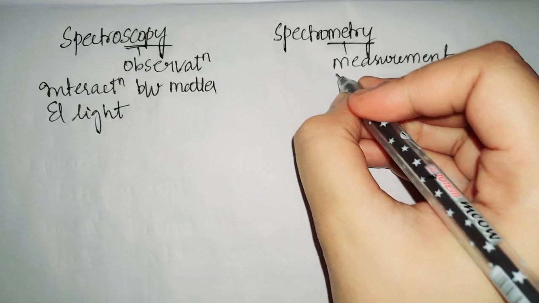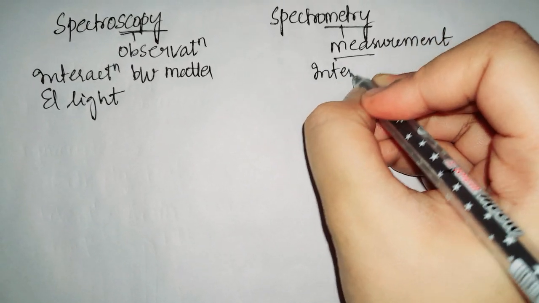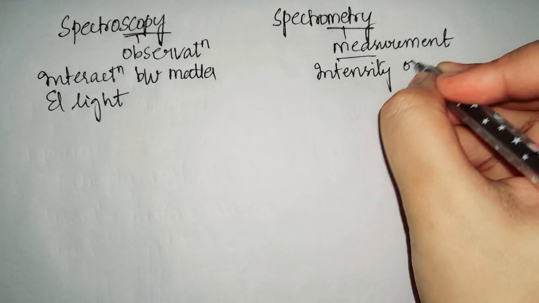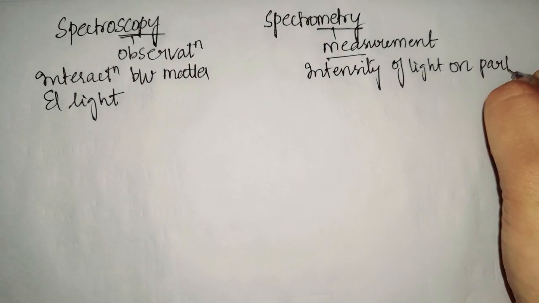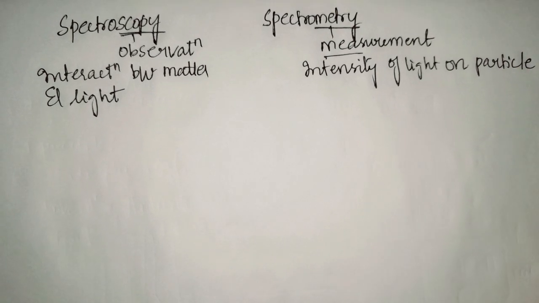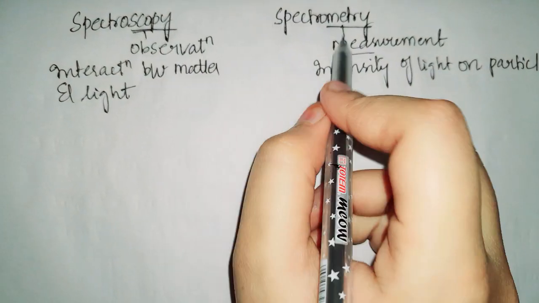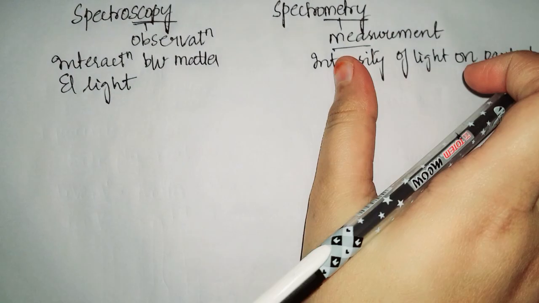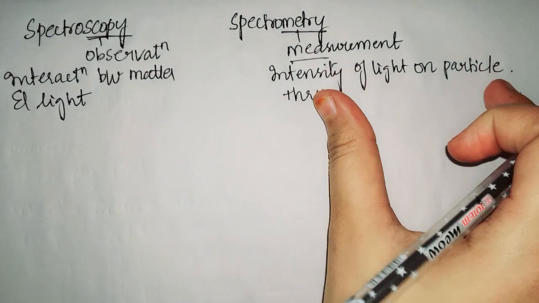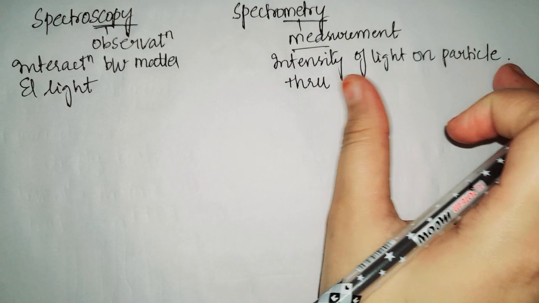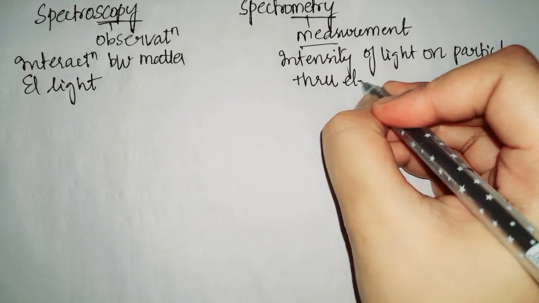Here we are measuring the intensity of light on a particle, right? So that's what we are doing in spectroscopy and spectrometry, based on measurement through electronic devices. Here we are seeing the measurements of intensity of light on a particle through an electronic device.